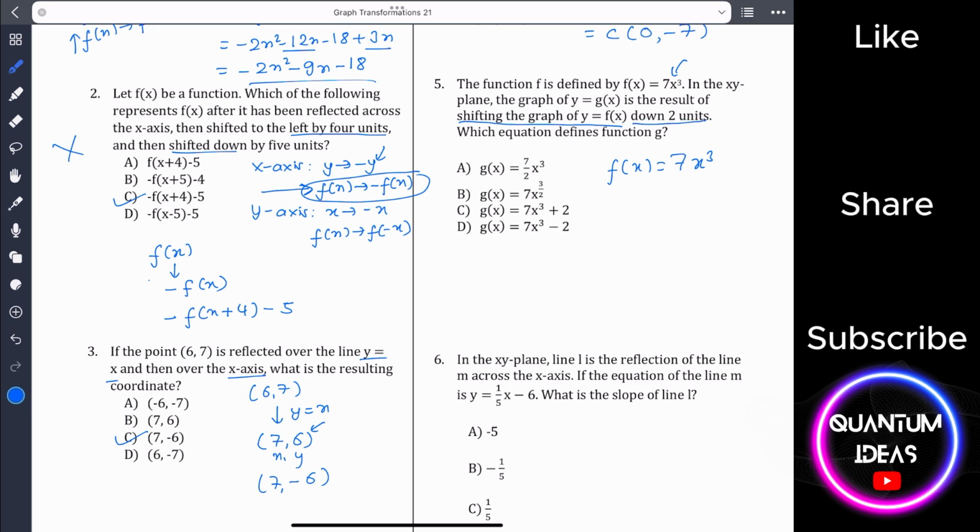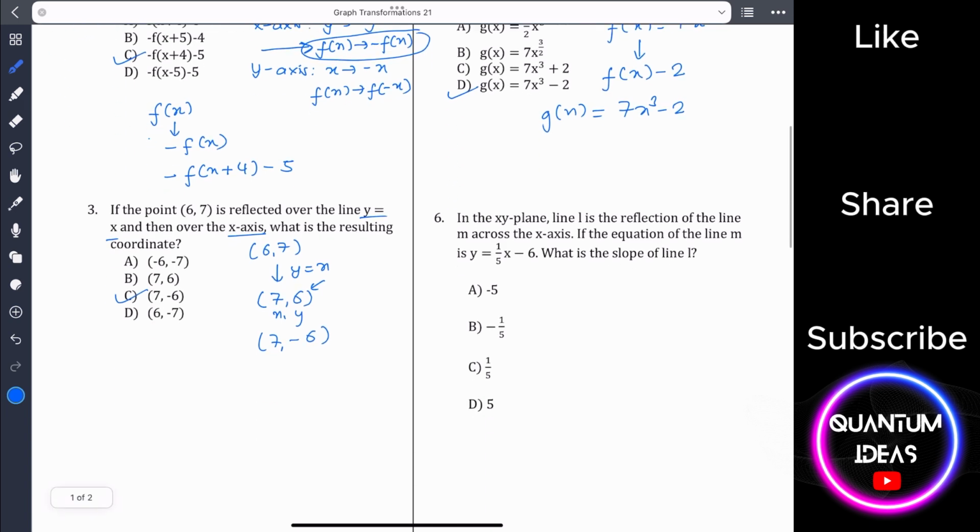Since it is shifted down by 2 units, that is minus 2, right? Since this is our y, we are just doing minus 2. So g(x) is 7x cubed minus 2, and option D is correct.